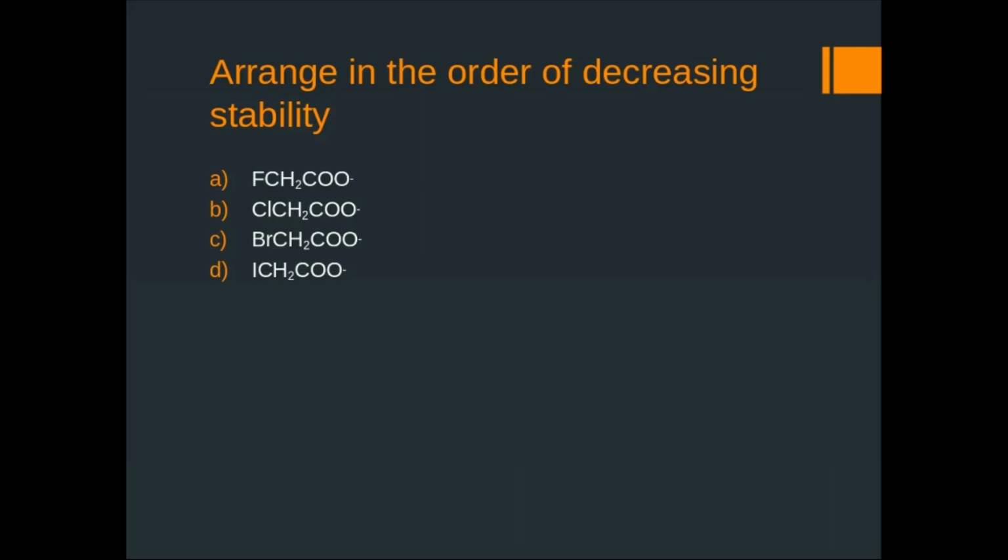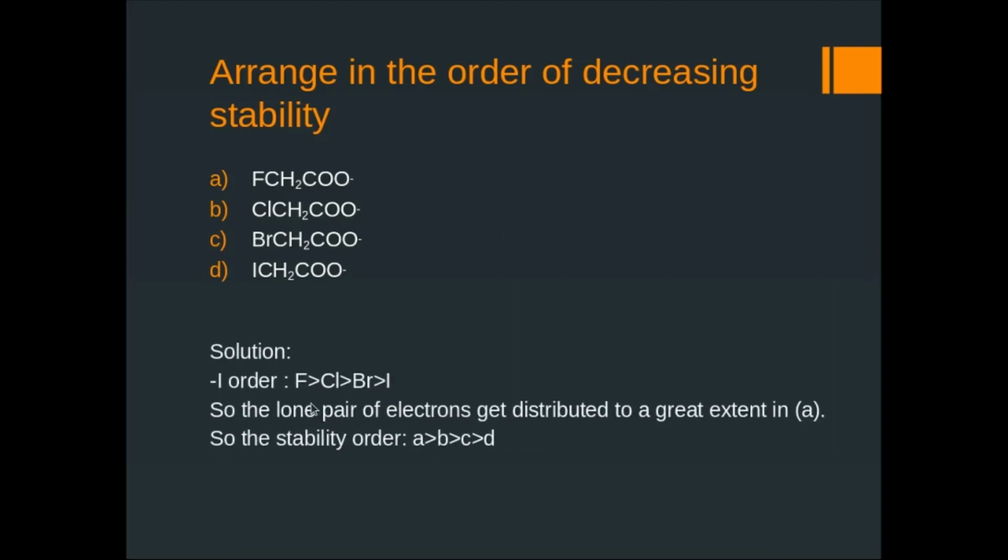Okay, I hope everyone has done it. So let's see the answer. The minus I order is this. As you can see, the minus I order is fluorine much greater than chlorine, much greater than bromine, and much greater than iodine. So also remember that fluorine is the most electronegative element till date in the periodic table.